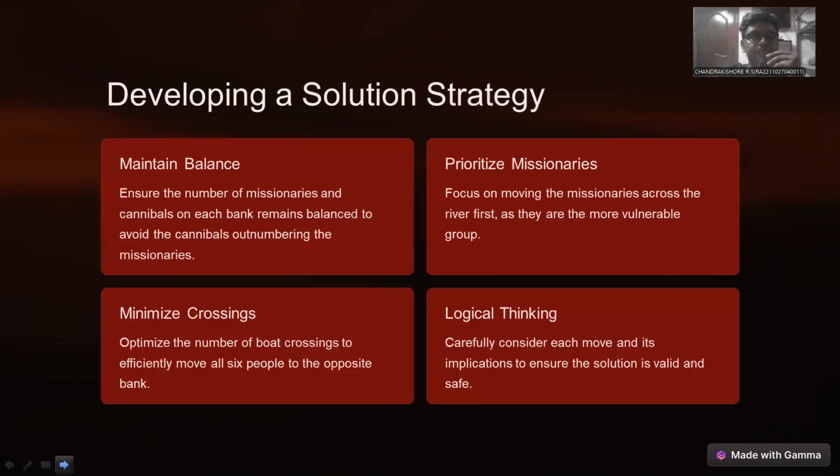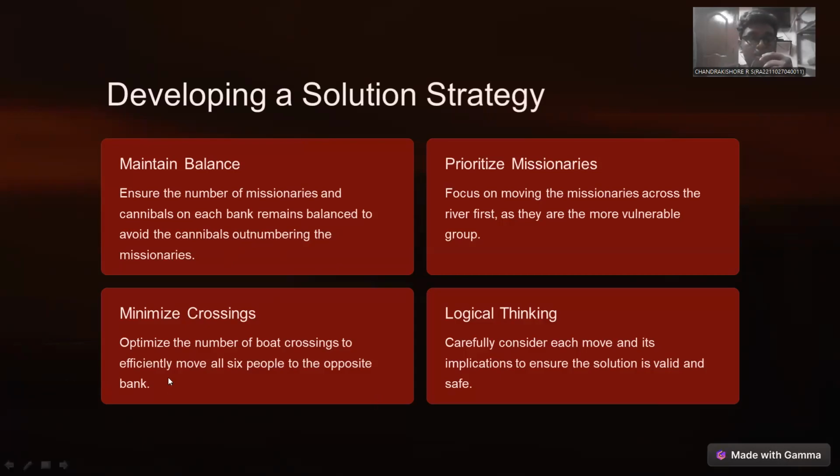Developing the solution strategy. Maintain balance: ensure the number of missionaries and cannibals on each bank remains balanced to avoid the cannibals outnumbering the missionaries. Prioritize missionaries: focus on moving the missionaries across the river first, as they are the most vulnerable group.